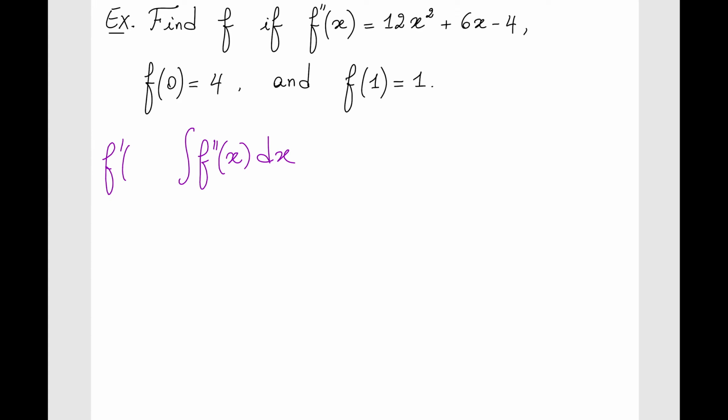That's f prime of x, plus a constant, but as we said, we're going to pile the constants up at the end of the day. So one more time: if you integrate that thing, you get that thing. Why? Because that's the same as the derivative of f prime. Am I correct? This is the notation of the prime.